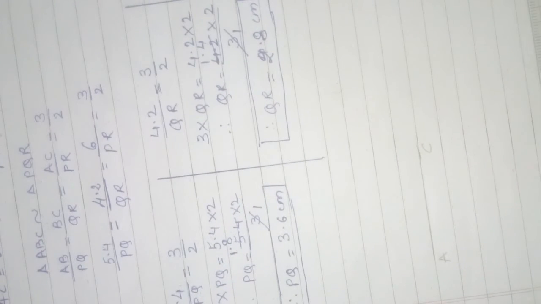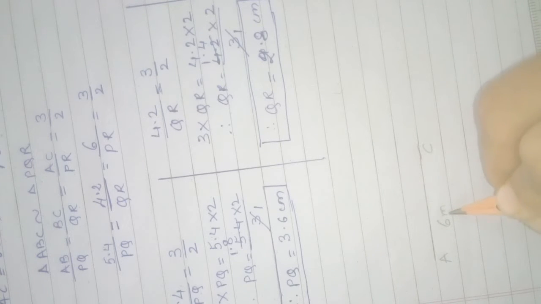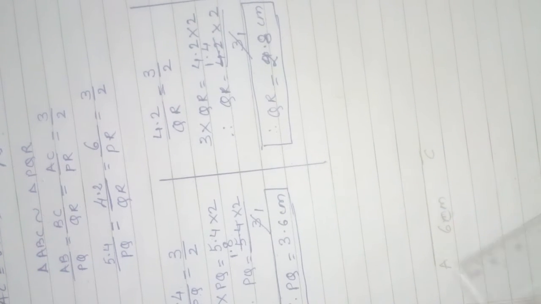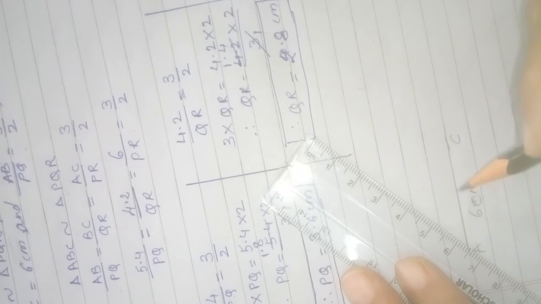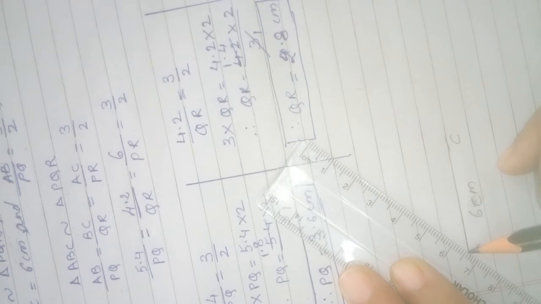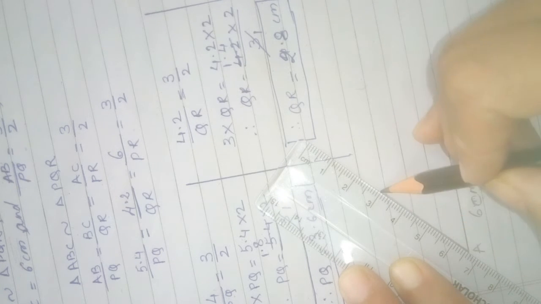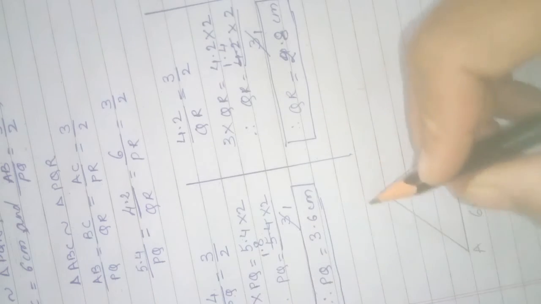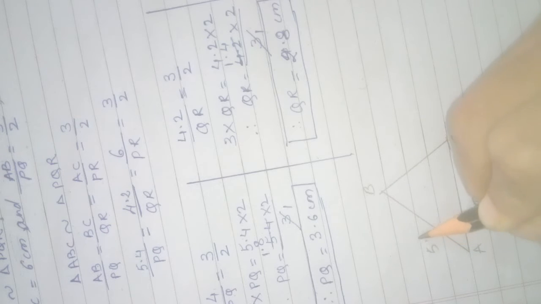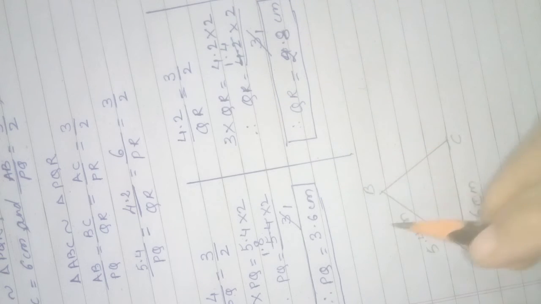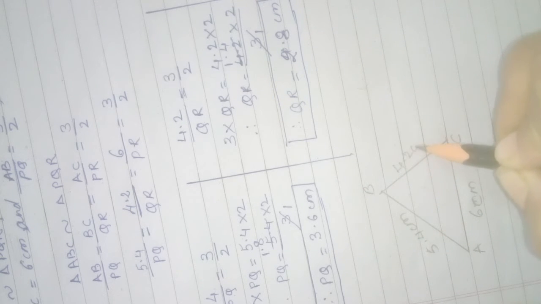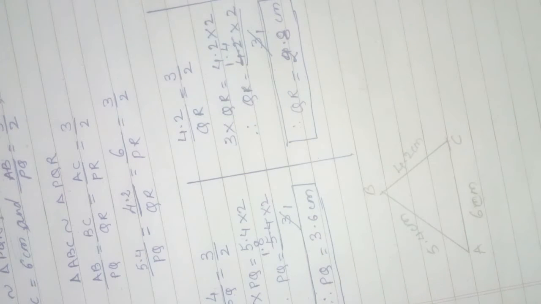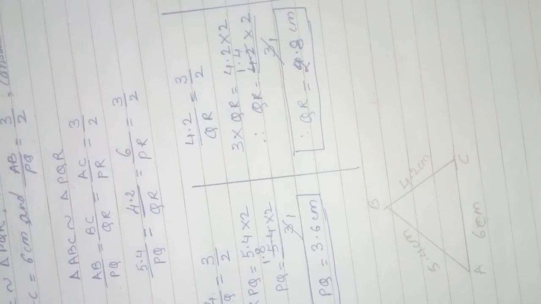So AC is equal to 6 centimeters, then AB is equal to 5.4 centimeters and BC is equal to 4.2 centimeters. This is the rough figure for triangle ABC.